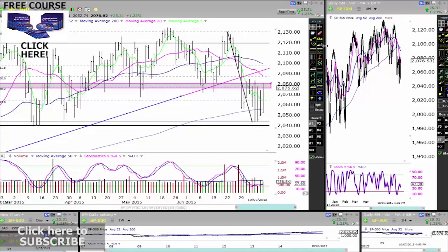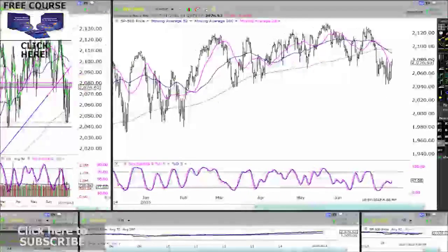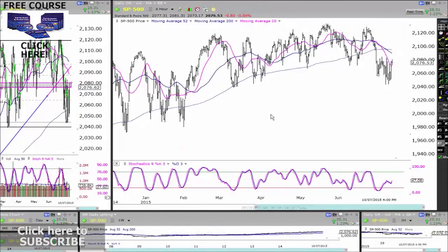Now, the 4-hourly chart shows exactly that, but in a lot more detail. If I draw a trend line up through there, you can see that's what the market's been rejecting. You can see these troughs, high, trough, high, trough, high, trough, then it's been broken down now to basically a lower trough.